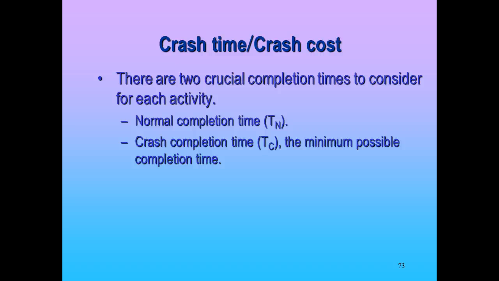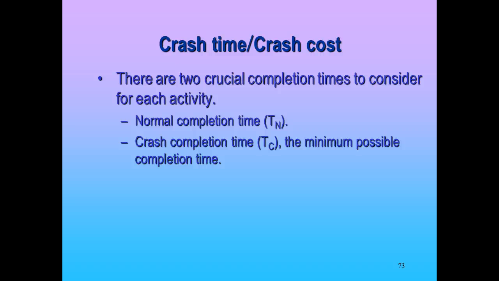Let's say activity B has a normal time of 20 days, and a normal cost of $200. Those are how long they normally take.